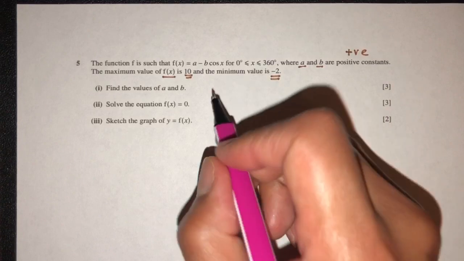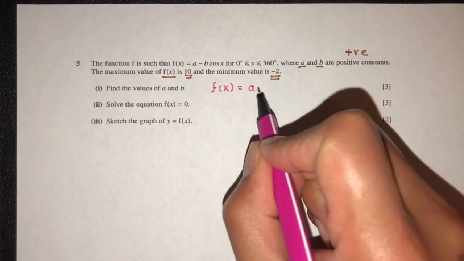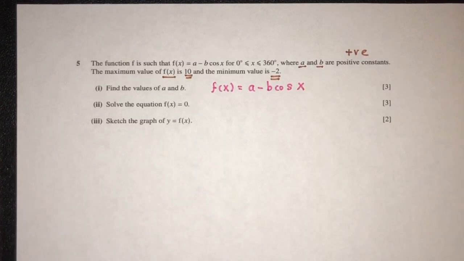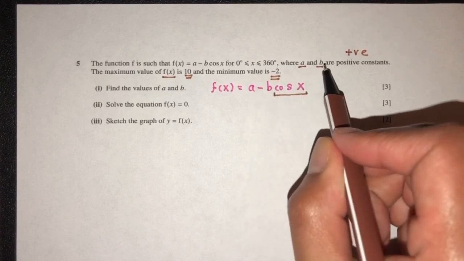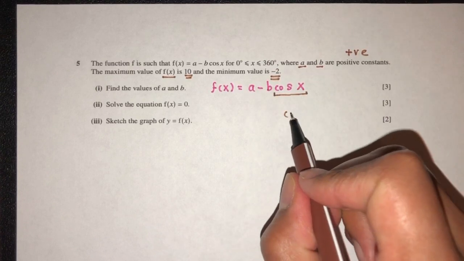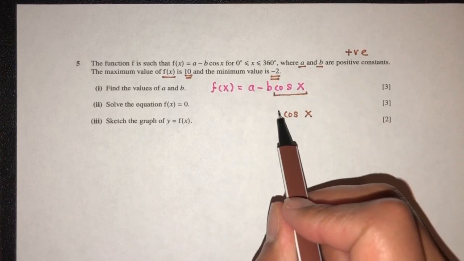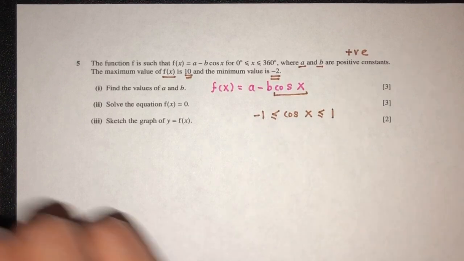So step by step, we know that f(x) is equal to a minus b cos x. Now, the only thing changing in this equation is obviously cos x, because a and b are constants. Now we know that for x between 0 and 360, cos x can take values between -1 and 1.